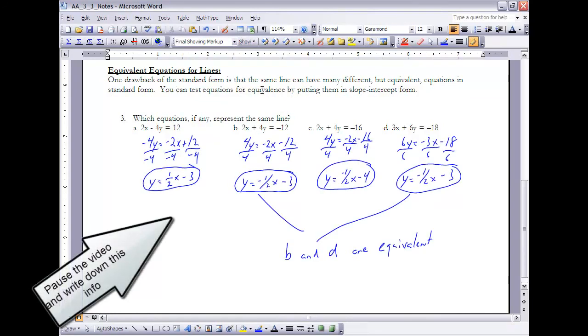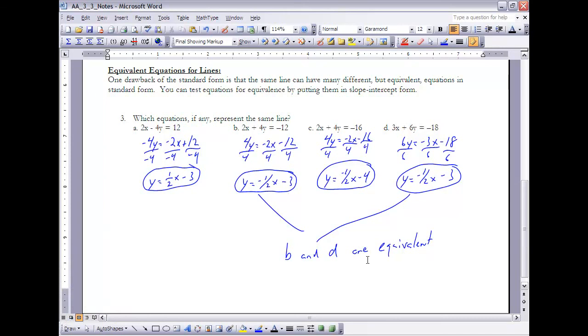Here's each of those in slope-intercept form. I'm solving for y, putting the x term first, and you can see what I did for each of those. Make sure you write down the work on these as well. When I do that, you'll notice that both b and d end up with y equals -1/2 x minus 3.